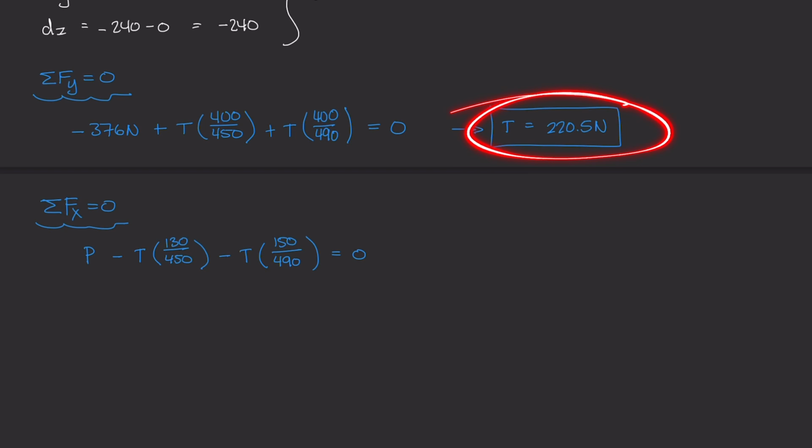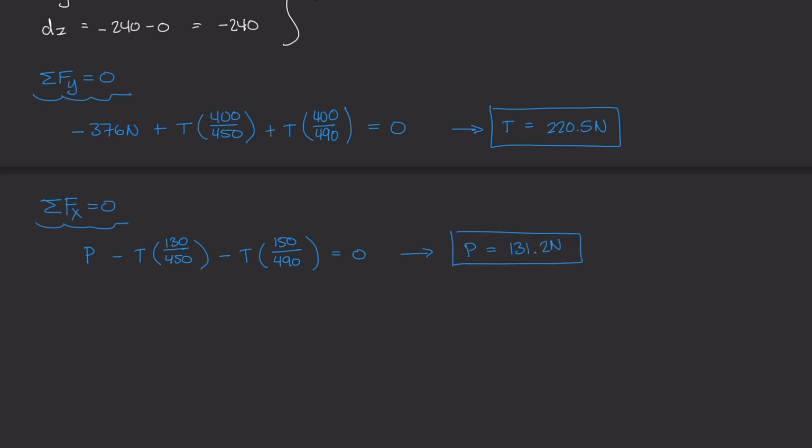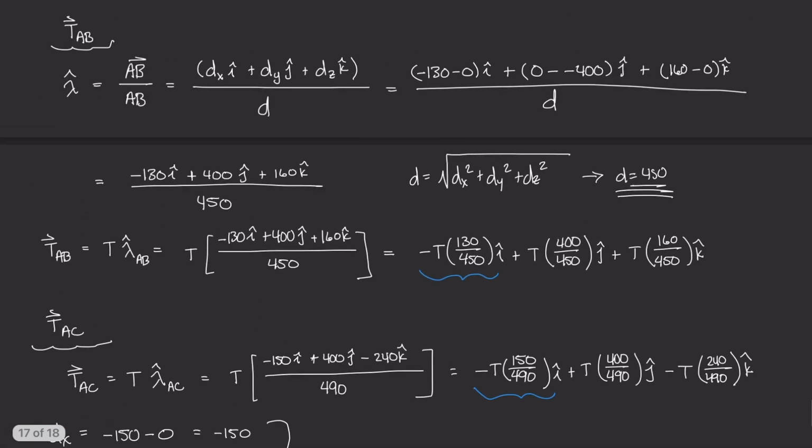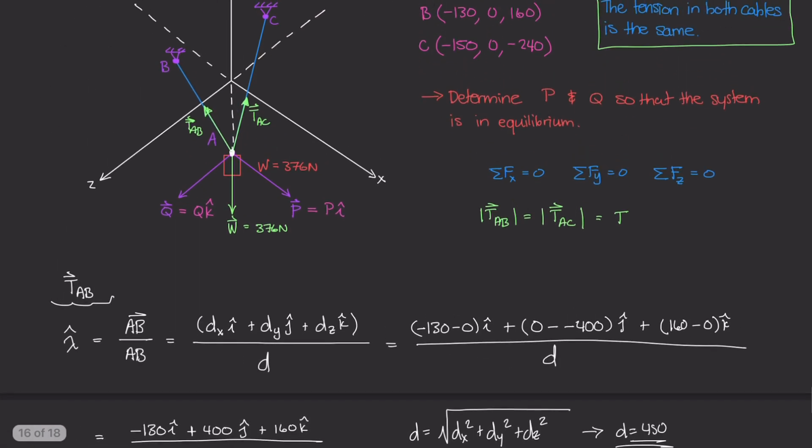It's this 220.5 newtons. So the only unknown in this equation is p. Now, if we just simply solve for p, we get p has a value of 131.2 newtons. Okay, awesome. So that takes care of, I guess, part A of this problem, which was figuring out one of these unknown forces.